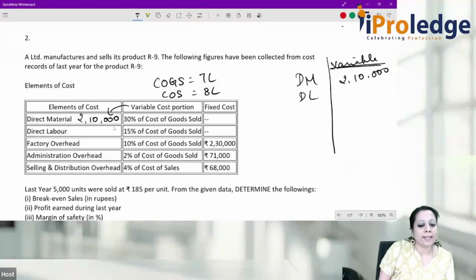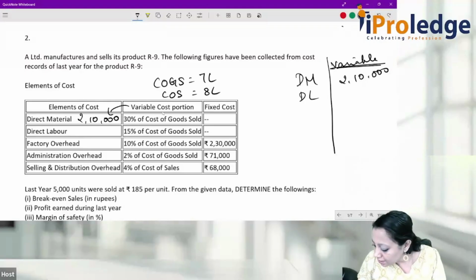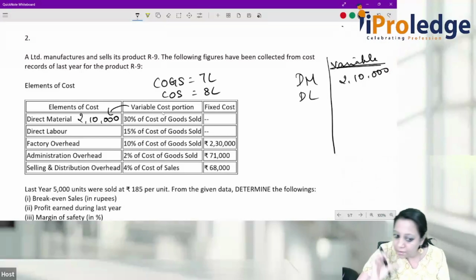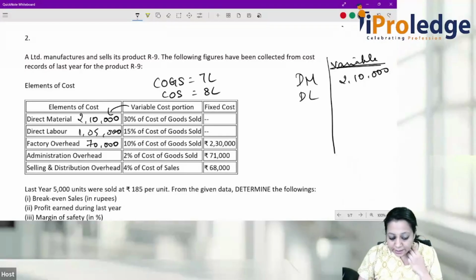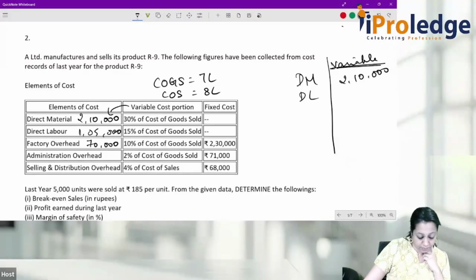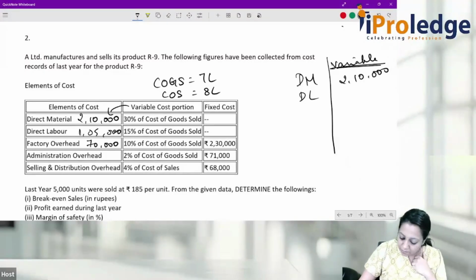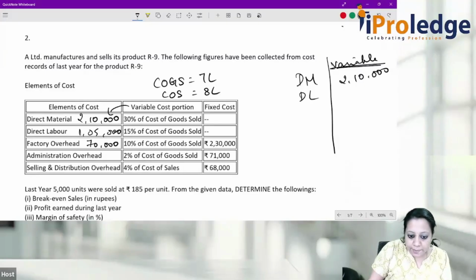To save time, I'm writing in the question itself. So 7 into 15 percentage, that is 1,05,000. Next one is 70,000, am I right? Next is 2 percentage, 14,000.